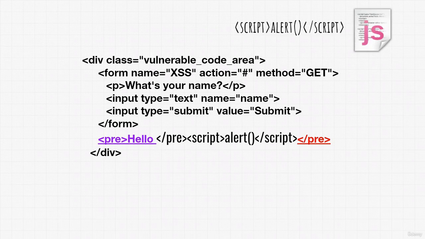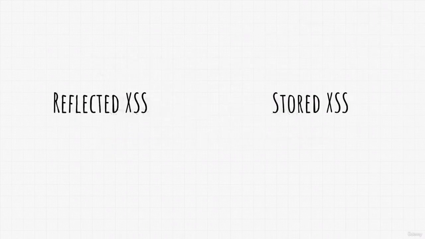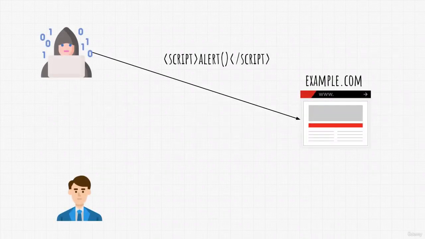Now, let's talk about two main types of XSS and how they differ. These two types are called reflected XSS and stored XSS. Let's explain reflected XSS first. In reflected XSS, we have an attacker injecting JavaScript code inside a certain web page.